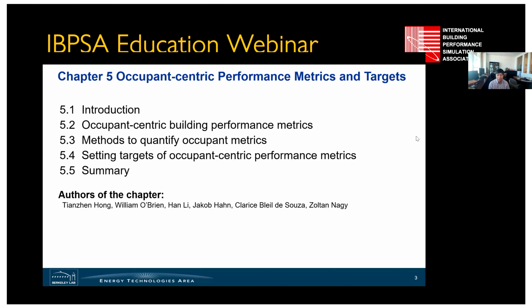Then we ask what methods we can use to quantify the occupant metrics. Next, we get to a very practical question: how can we set occupant targets, what are the bases, and what do they imply? And then there's a summary leading to some future thinking and further readings.